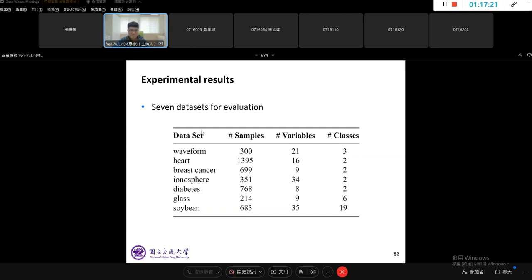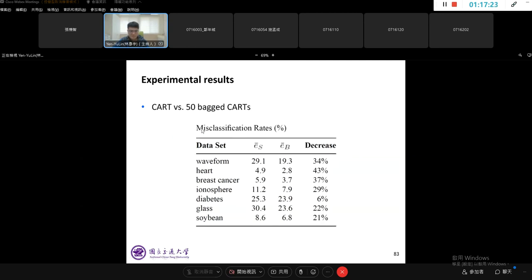We are going to compare a single CART and the 50 bagged CART. For each of the 7 data sets, the error rate using a single decision tree and the error rate of the bagged classifier are reported.